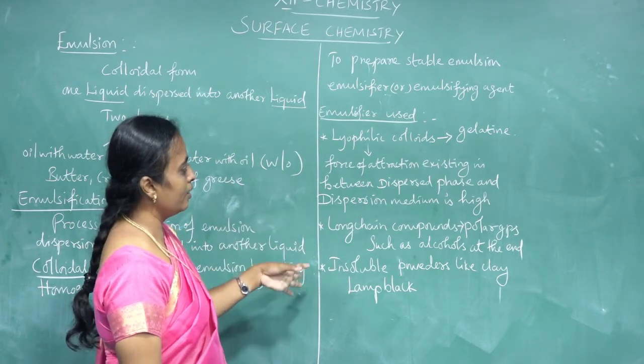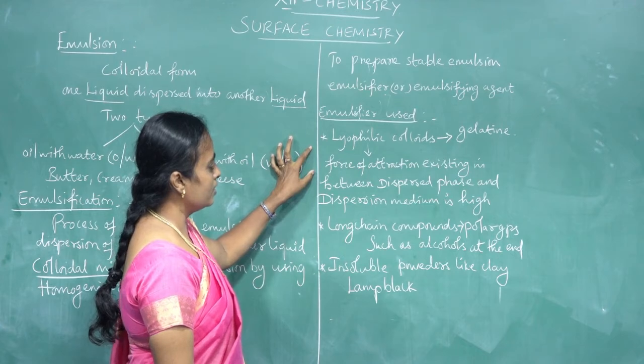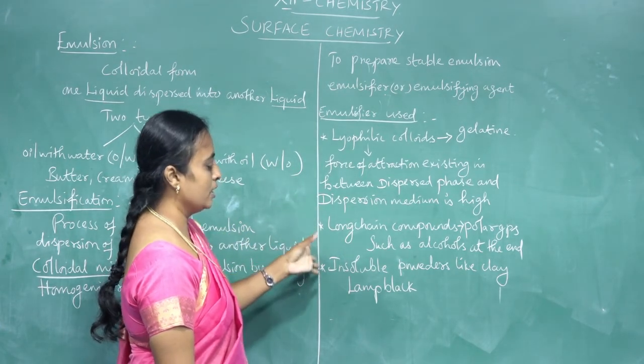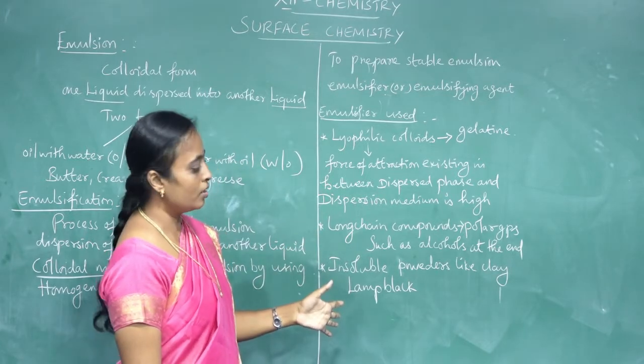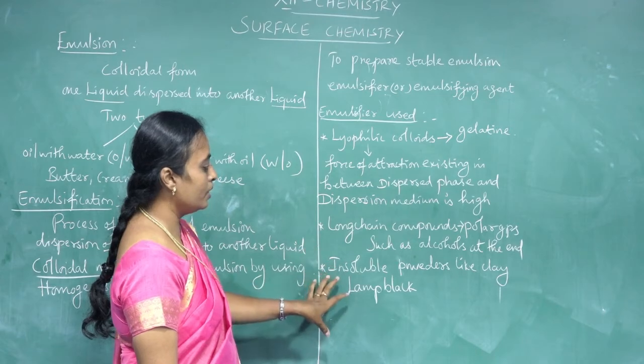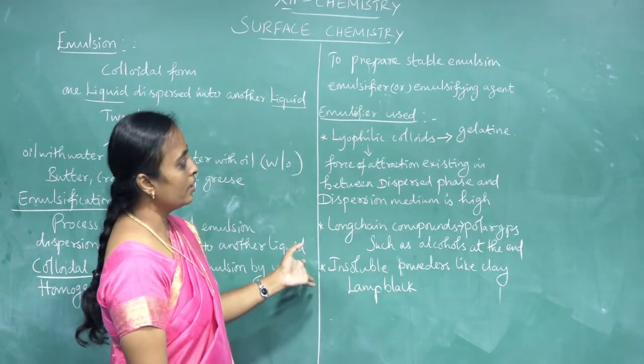So three emulsifiers are given as examples. One is lyophilic colloids, the second is long chain compounds containing polar groups at the end of the chain, and the third is insoluble powders such as clay and lampblack.